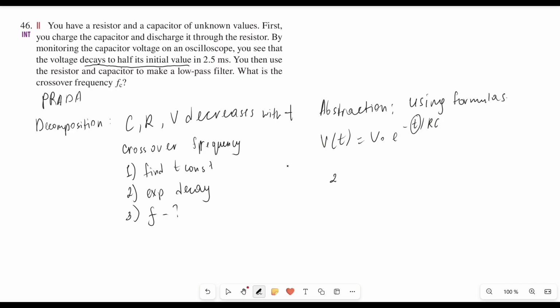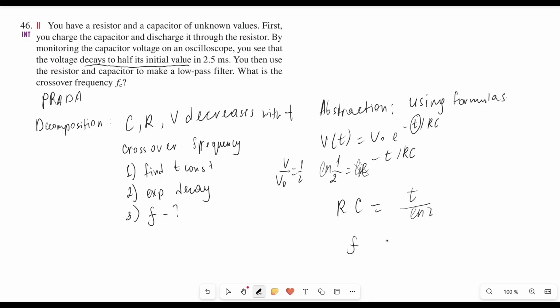So V over V0 is 1 over 2, yeah? 1 over 2 equals exponential of minus time over RC. So from this we can find our time constant. RC equals, we need to write ln to drop the exponential, so it will be like this, ln 2.